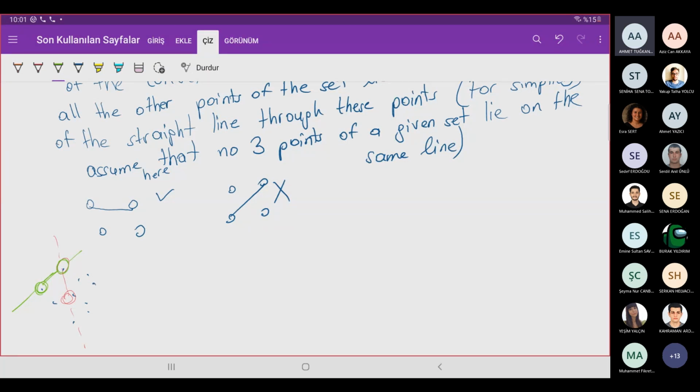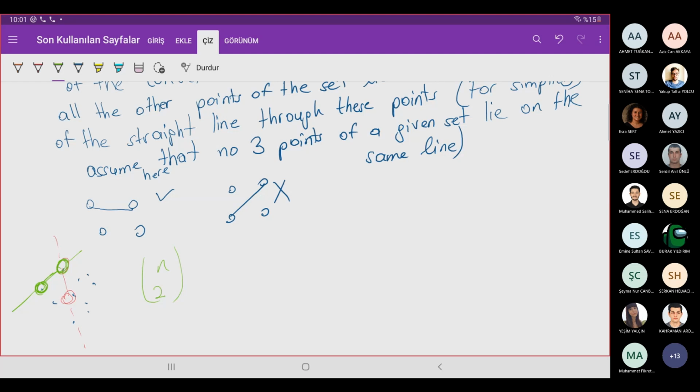Once I determine which points, for instance, let's assume that these are these 2 green points, then what do I do? Definitely I have an n choose 2 component, because there are n choose 2 pairs. But for each specific pair, what is the complexity of the operation? I check all the remaining points, right?